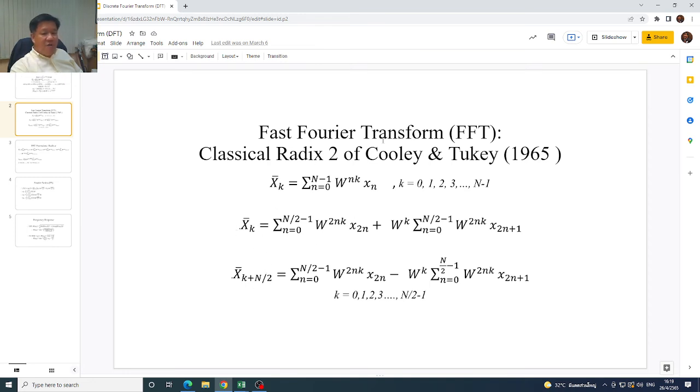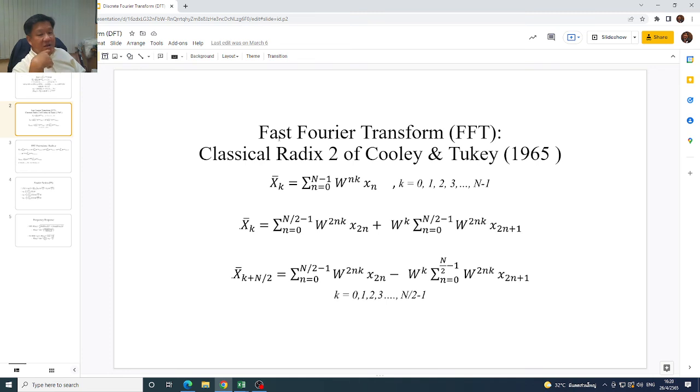That's why they call this the fast Fourier transform. Fast is because instead of computing 64 multiplications and 64 summations, dealing with complex numbers, you reduce to only 24. And 24 is coming from 8 times log base 2 of 8.